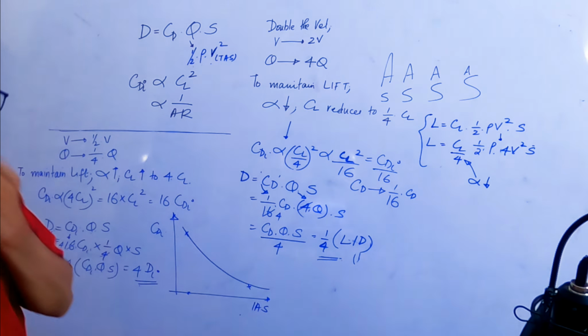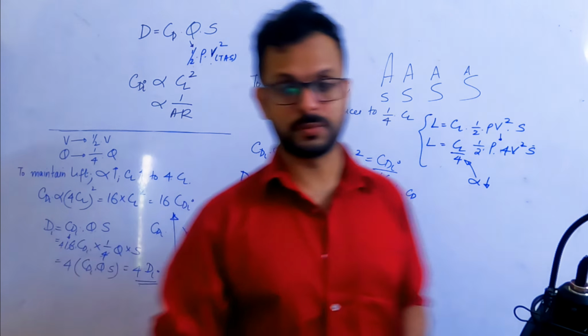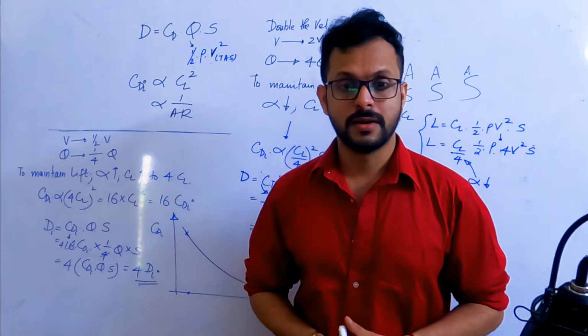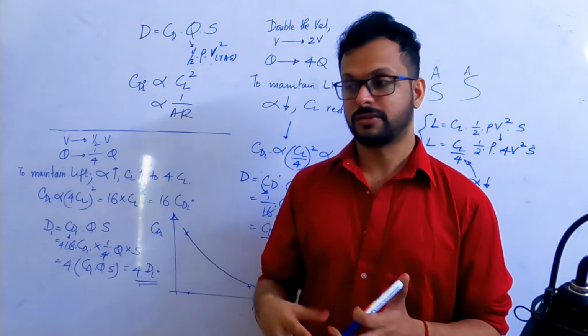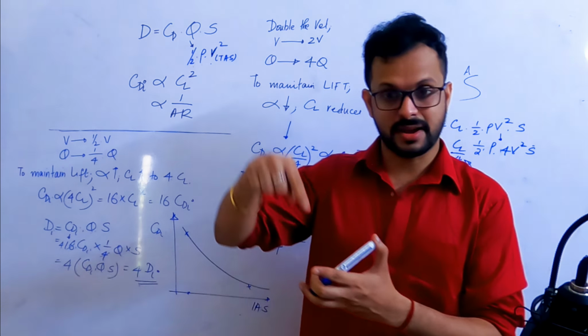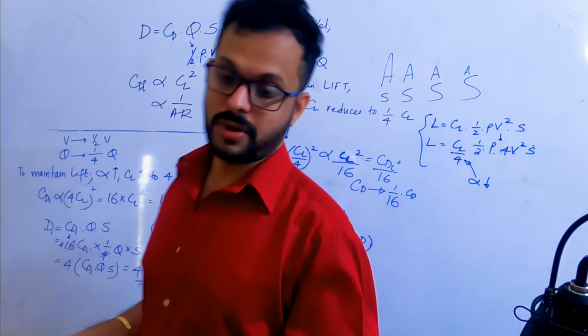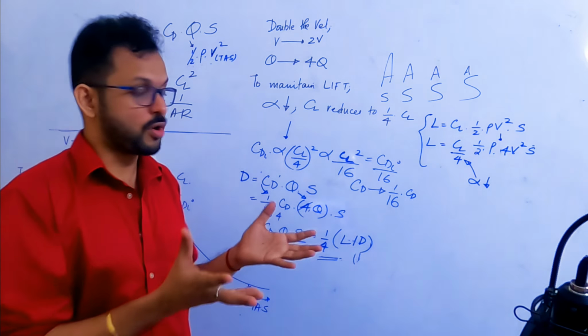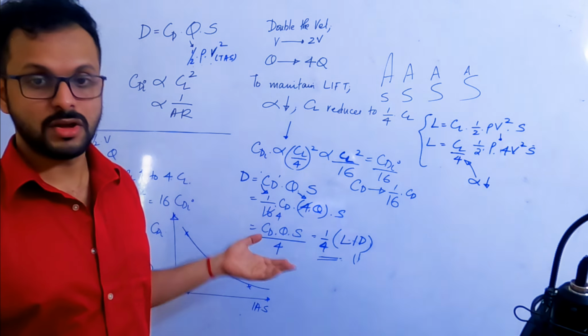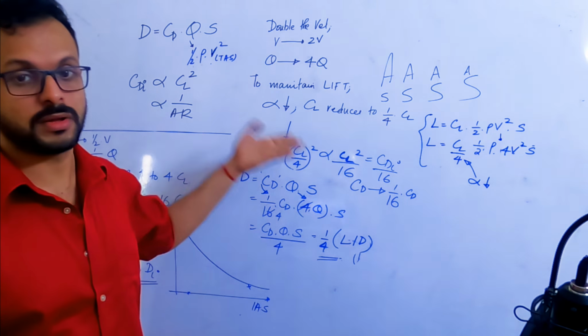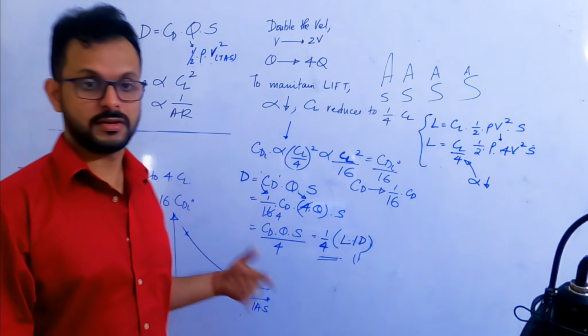So you can see all these things are pointing towards the same concept, that as you increase the speed, lift induced drag reduces. That's because the vortices now get lesser time to complete circulation. Did you understand the same concept being explained in different ways? One using the normal concept, mathematics, and this is the graph. It's all the same.